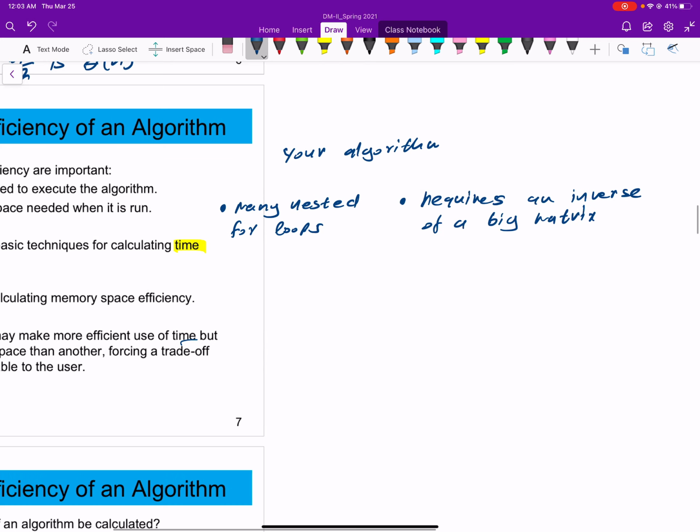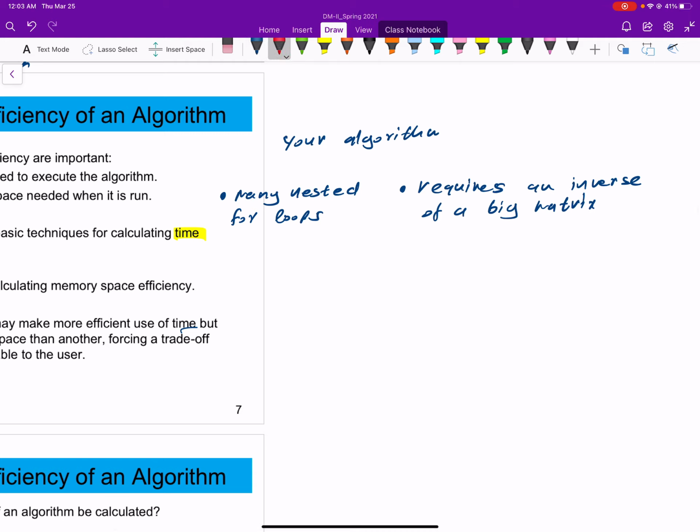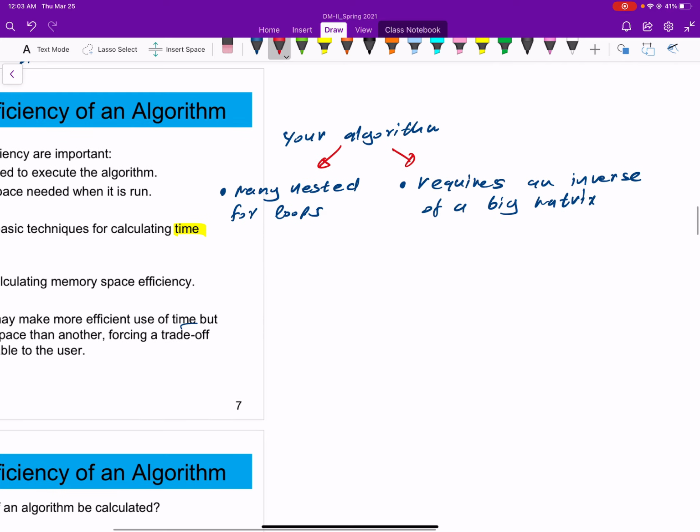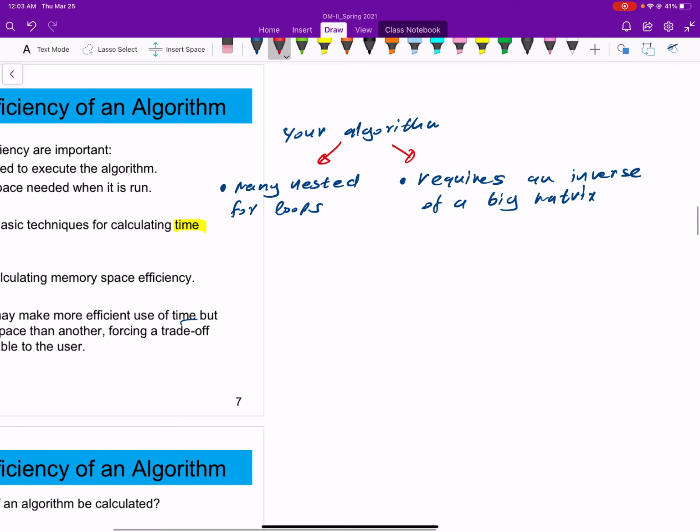So those are the two cases. In the first case, it requires many nested for loops. The next case is it requires an inverse of a big matrix.